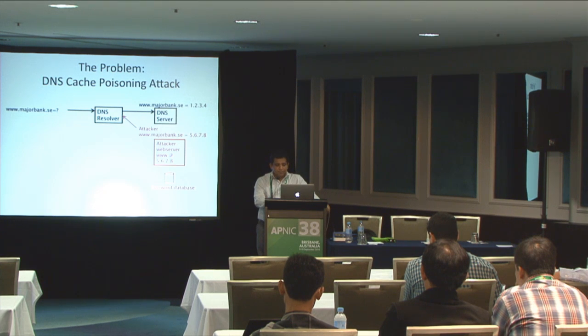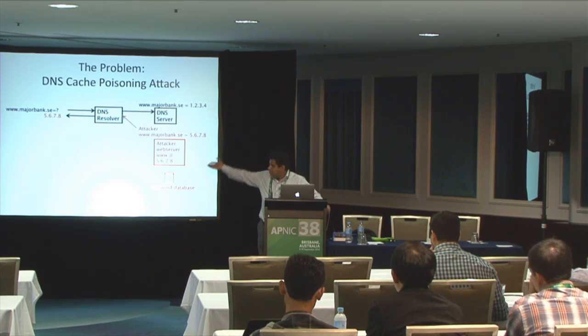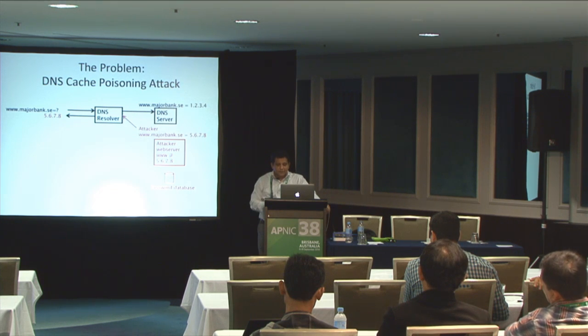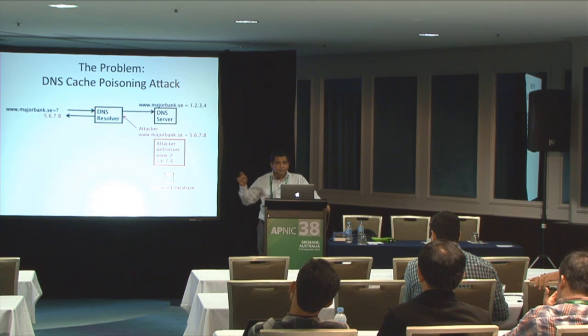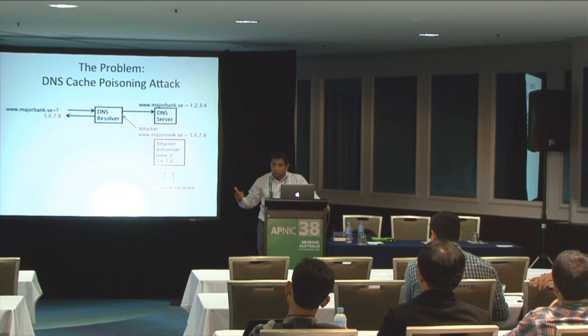But in the meantime, if some attacker can respond back to the recursive name server with a wrong answer, then they can try to pollute or poison the cache. So now this wrong answer, in this example, the IP address 5.6.7.8, that's the wrong answer. The correct IP address is 1.2.3.4.